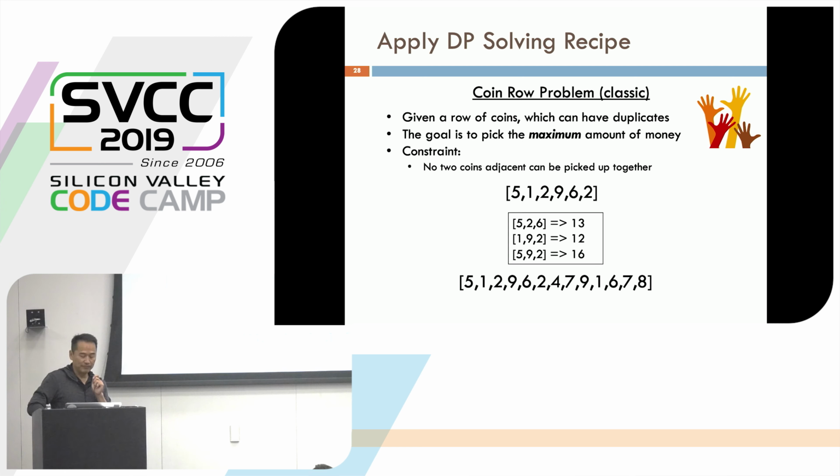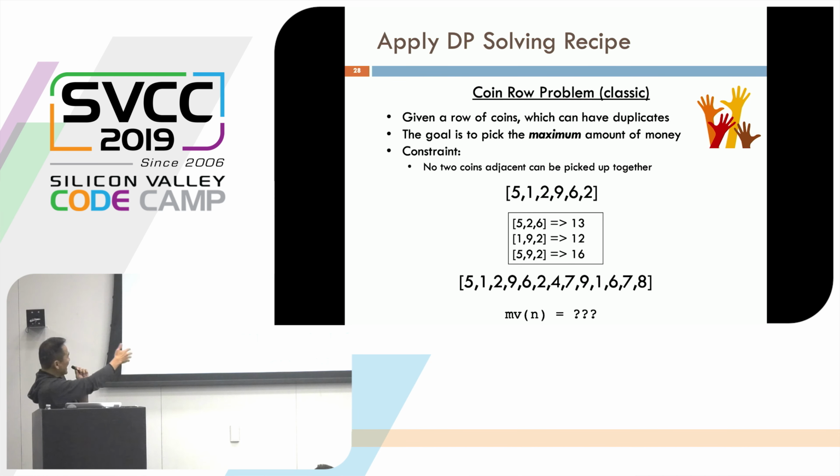So here's the first step. I kind of jump ahead, but let's assume this is what we want to solve for: the maximum value given n. N in this case is the index, the last index of the array. We have to scan from beginning to end of that row of coins.